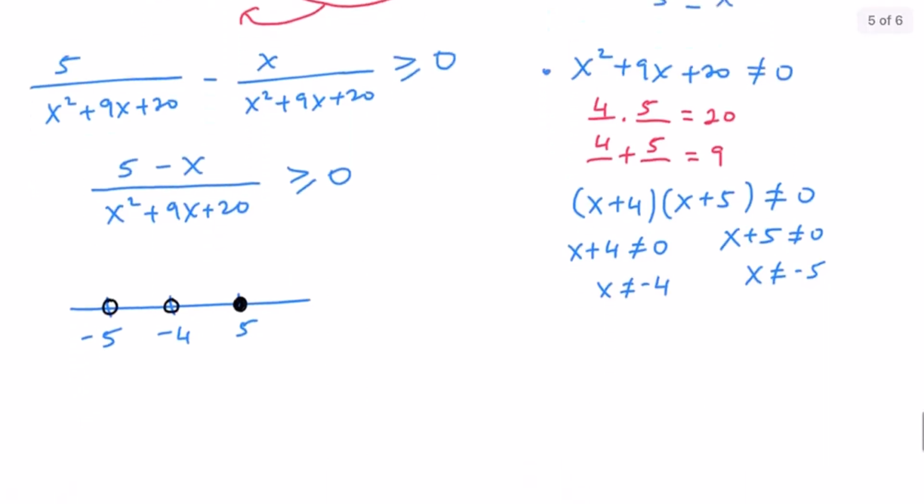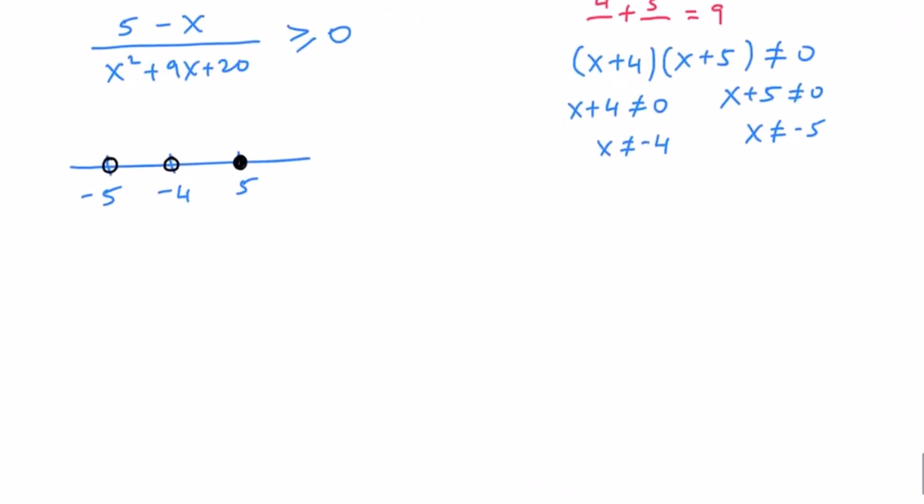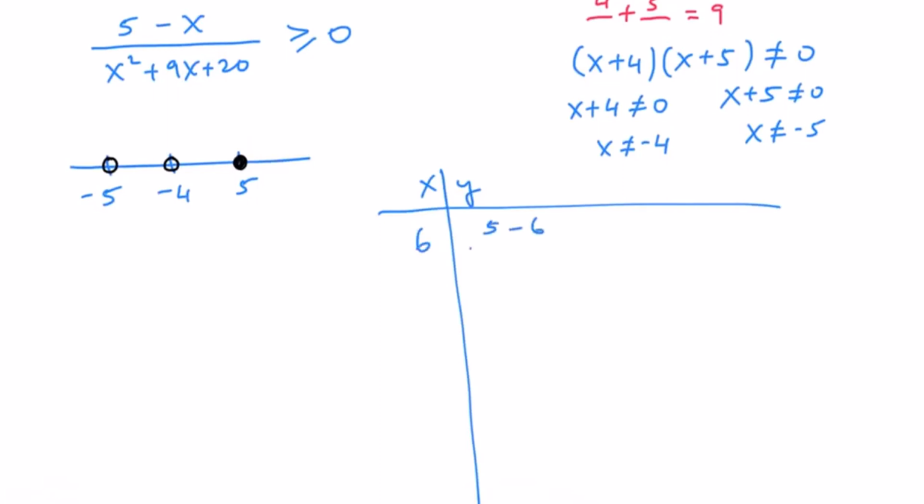Let's test points. We need a number that is bigger than 5, so let's pick 6. So we have 5 minus 6 over 6 squared plus 9 times 6 plus 20.